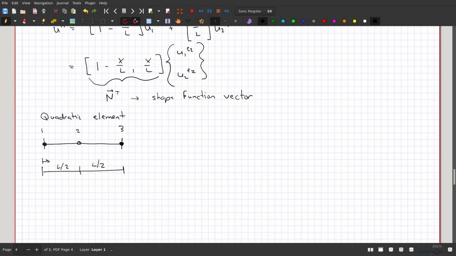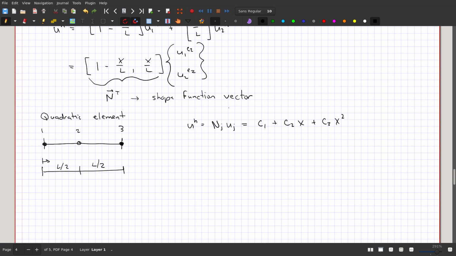So let's write down u of h is equal to the sum of Nj uj. And that's equal to, using a quadratic interpolant now, C1 plus C2 x plus C3 x squared.